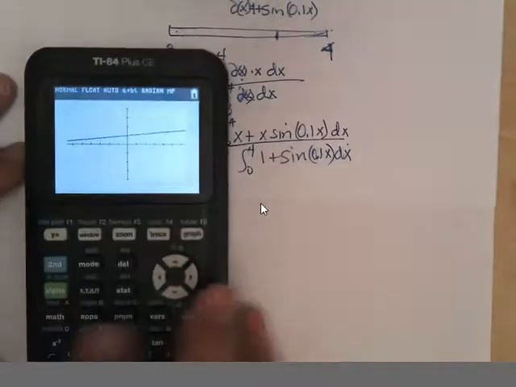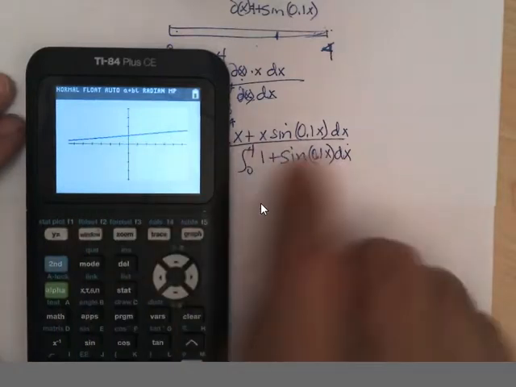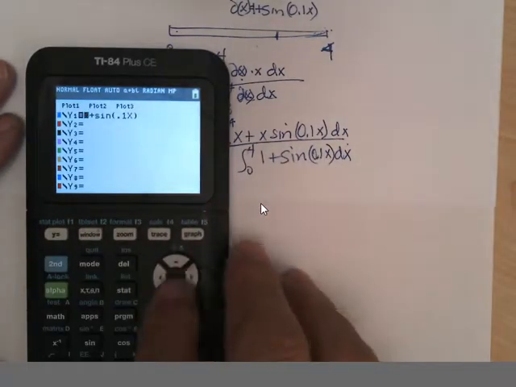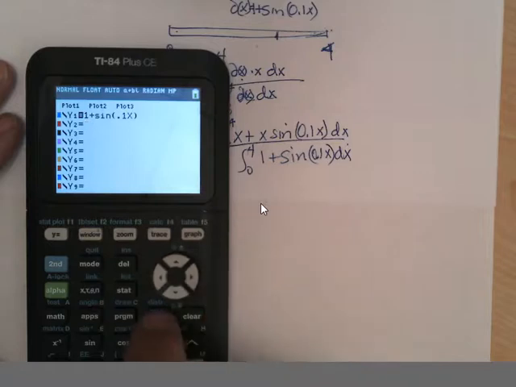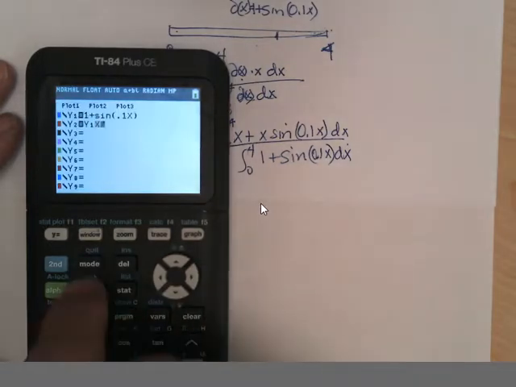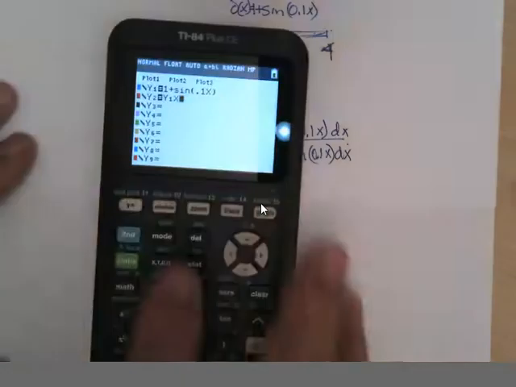So we do this equation times x. I'll come down here and do vars, variables y1 times x, that's what this was, and integrate it.